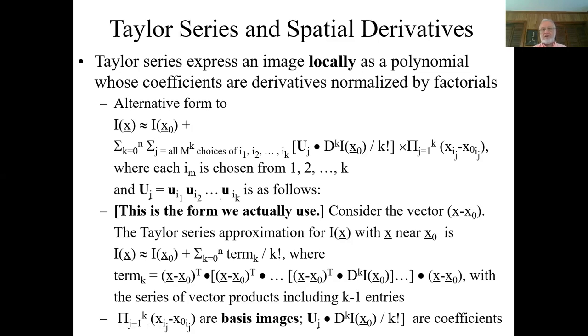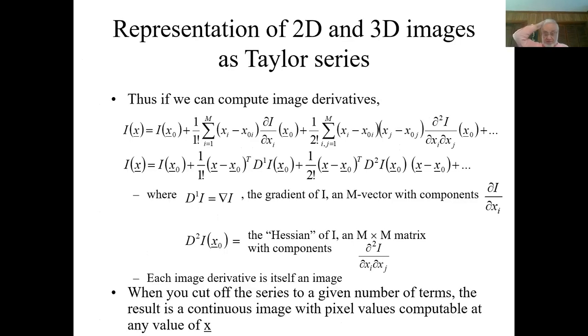Okay, so now we have the notion that the Taylor series is writing the overall image, I, as a linear combination of basis images. And each of the basis images is given by these polynomials. Questions? All right, so yeah, this is what you asked me to do last time.